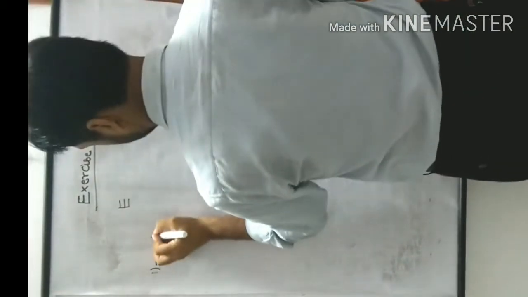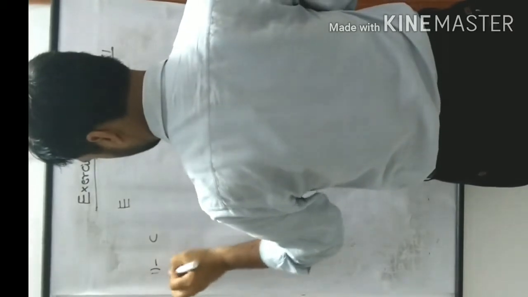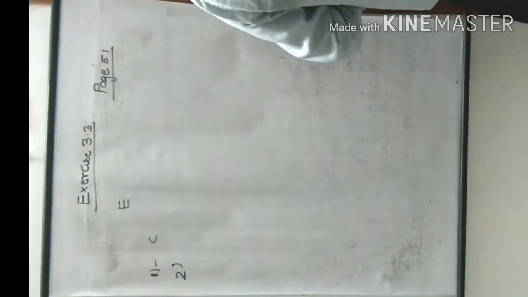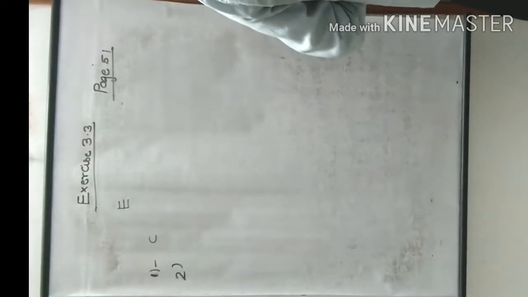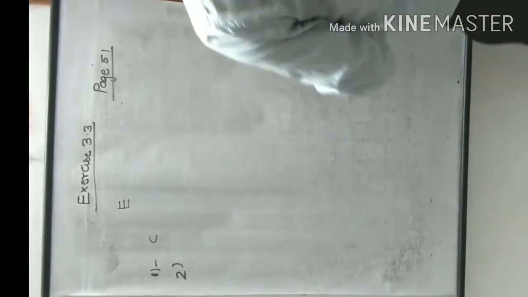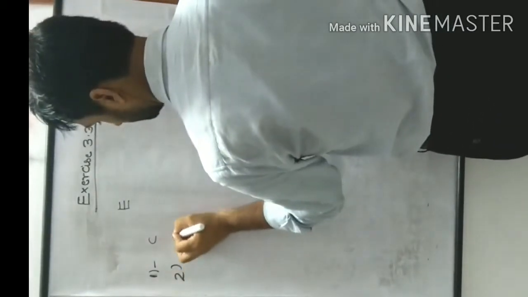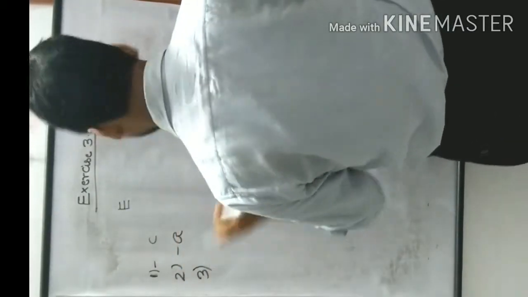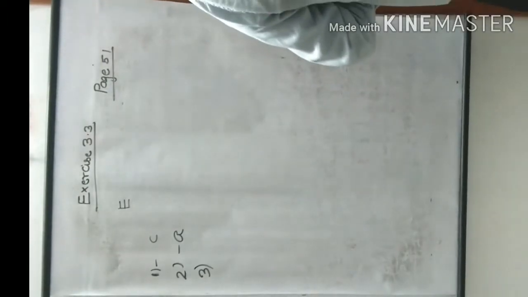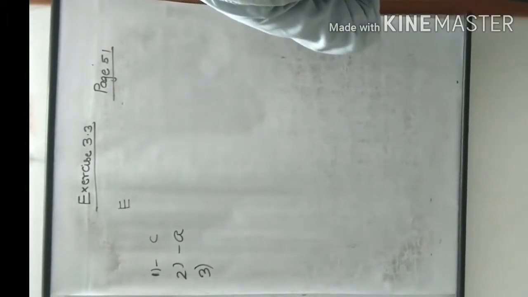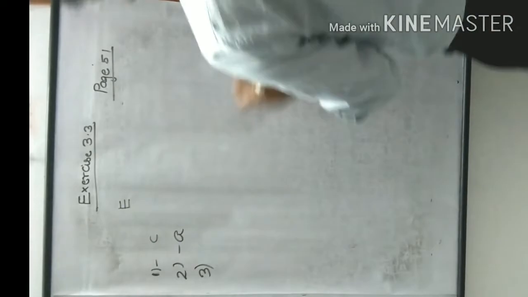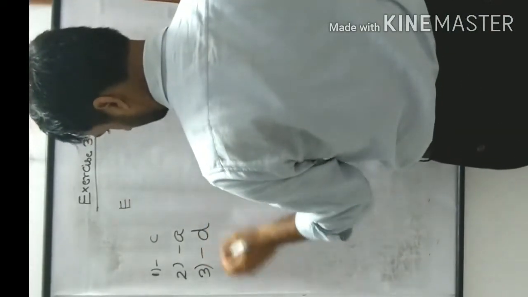Obviously, common water pump. C. Second option: a device used to find atmospheric pressure and uses mercury. Mercury barometer. That means option number A. Third part: a device used to find atmospheric pressure which does not use mercury. It is aneroid barometer, so the answer will be D part.